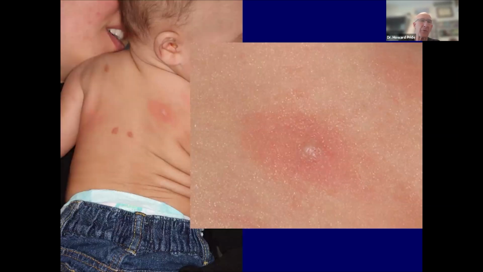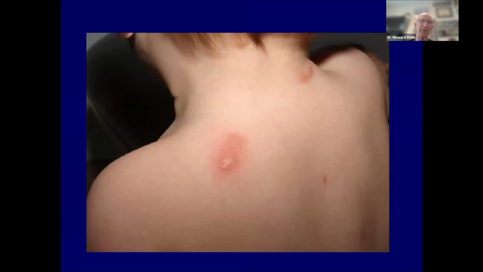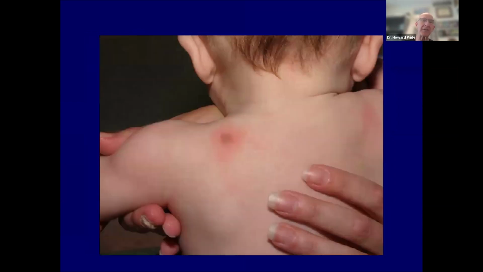So brown spots that almost look like moles. But if you give a good rubbing to one, like I've done here for the photograph, it'll hive up in the matter of 2 or 3 minutes, and then slowly but surely settle back down to its brown state. Other examples here. So it's kind of cruel to do to the poor child just to make your diagnosis or to get a good photograph, but it's at least less invasive than doing a biopsy.